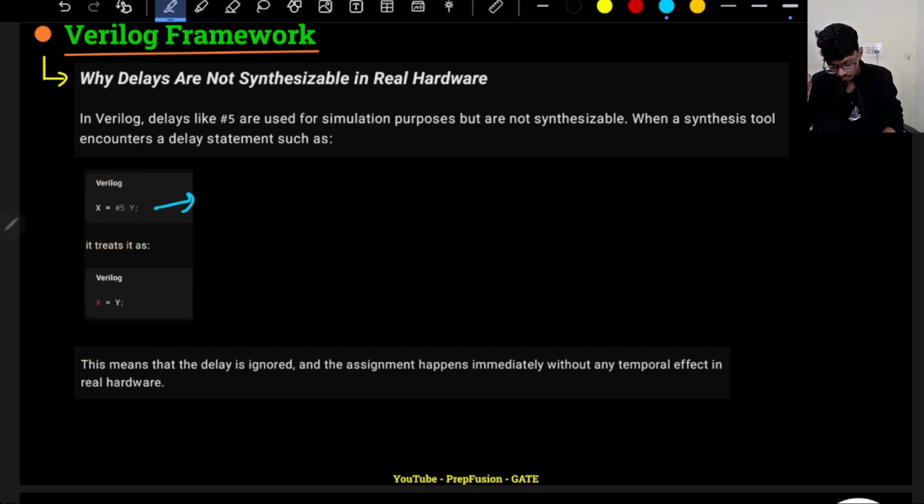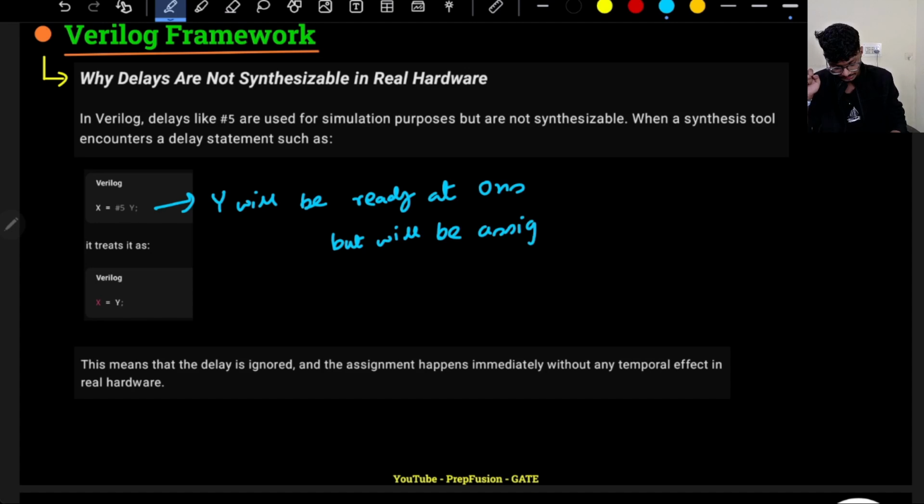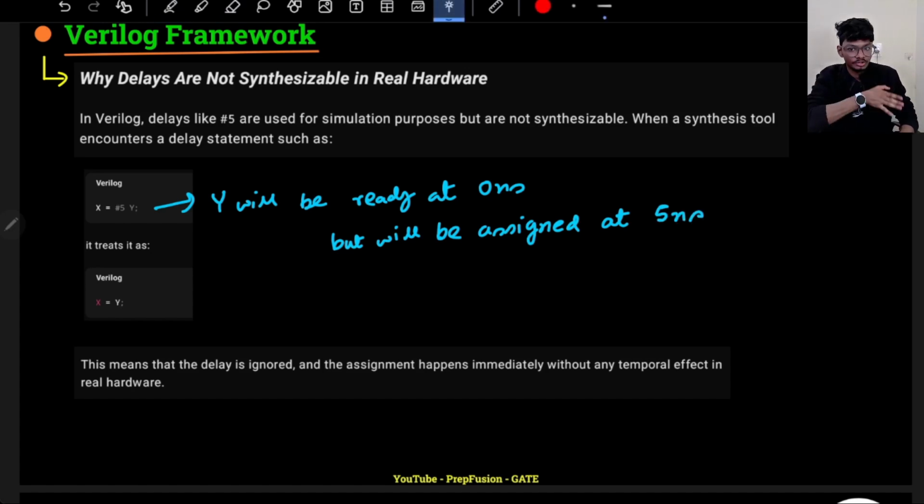So y here will be ready at 0 nanoseconds, but it will be assigned at 5 nanoseconds, after a delay of 5 nanoseconds in the simulator.